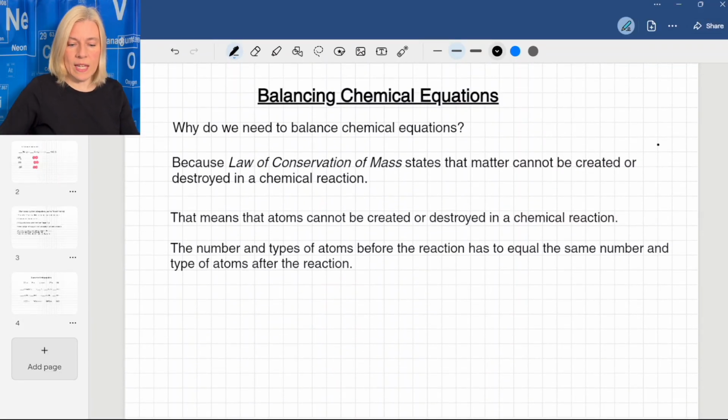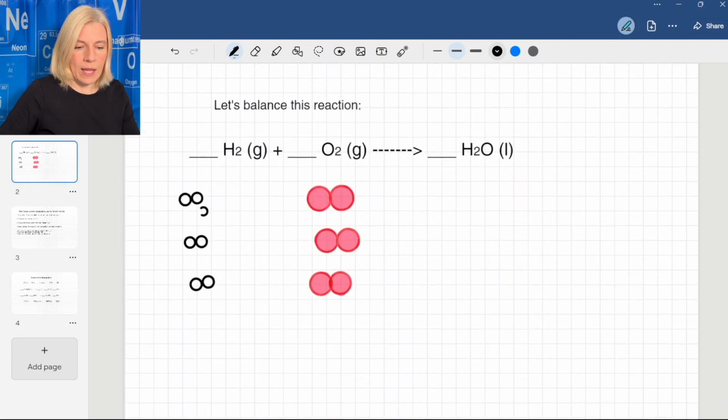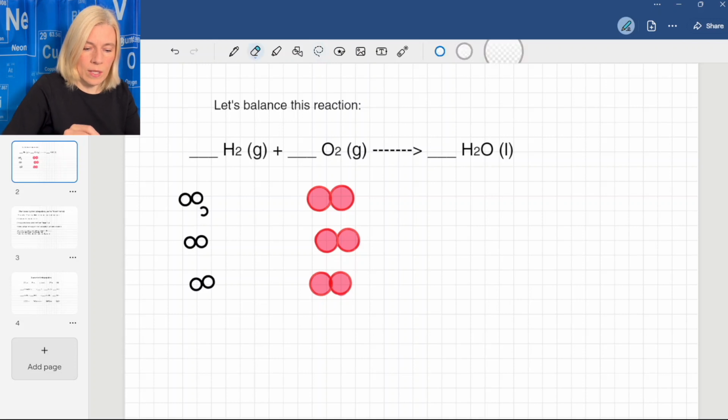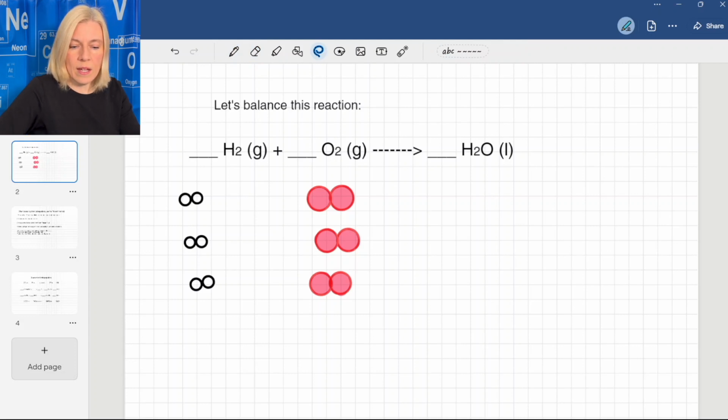Here is everything I said, and let's go and balance it. So right here, we're going to learn how to balance hydrogen and oxygen combining to form water. Okay, here we go. Hydrogen is a diatomic molecule, and oxygen is a diatomic molecule.